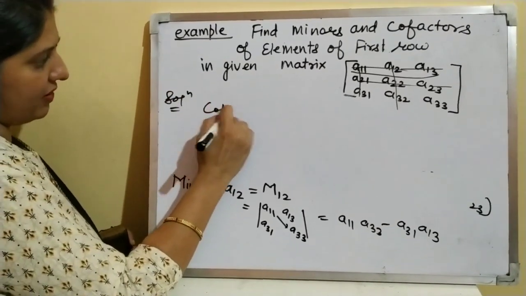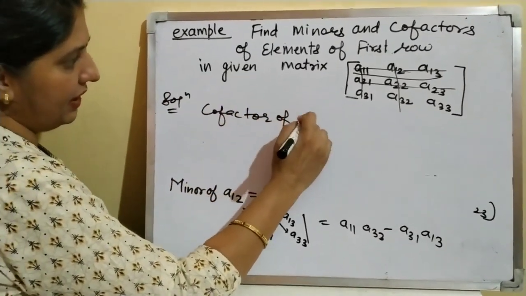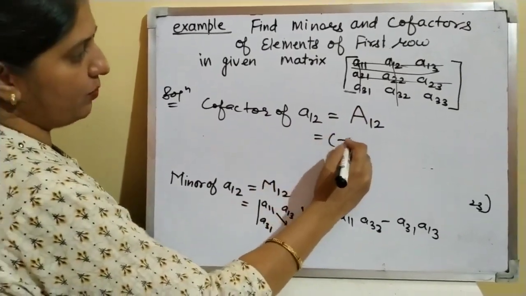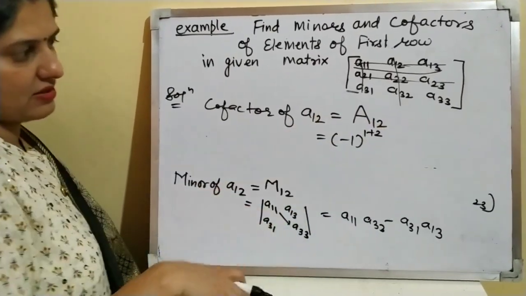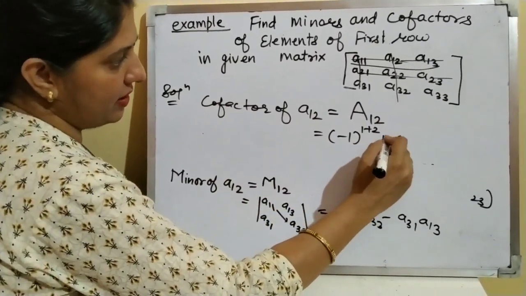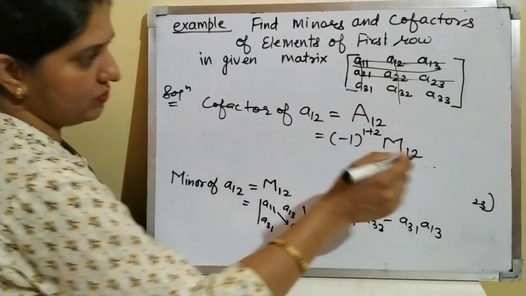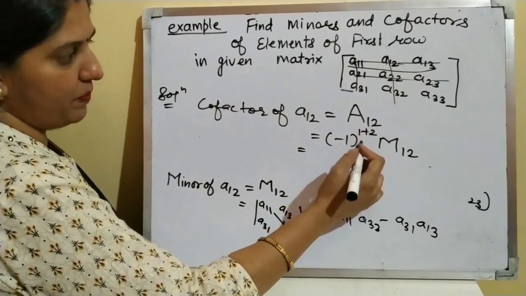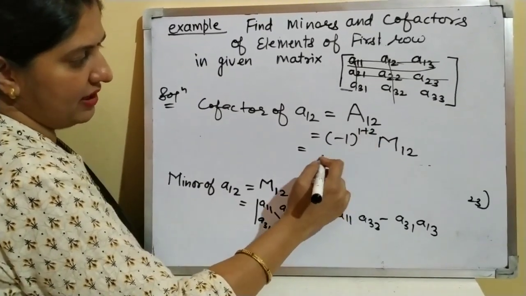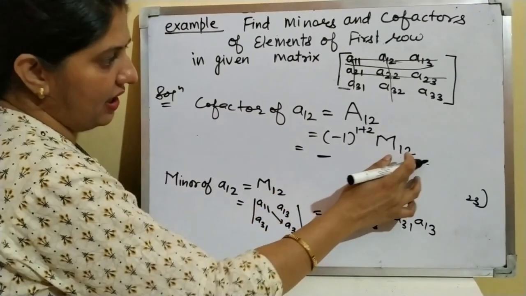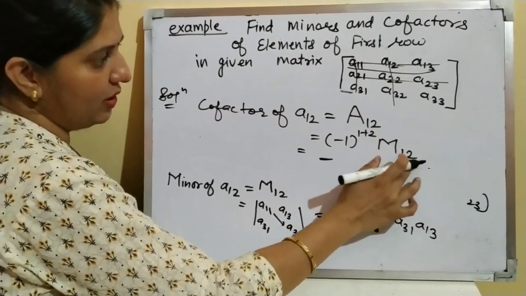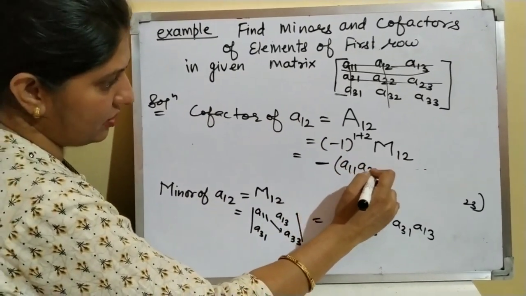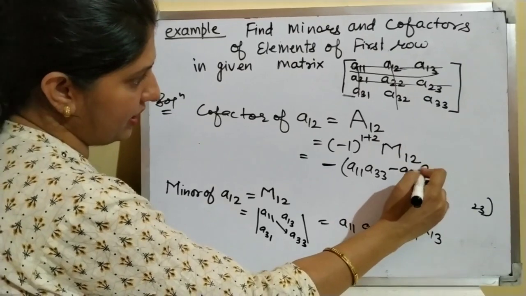So the cofactor of A12 is denoted by capital A12, which is equal to minus 1 to the power sum of the suffix into the minor of the element A12. Now minus 1 to the power 1 plus 2, 3, which is odd power. If power is odd, then the answer is negative. And the minor of the element A12 is A11, A33 minus A31, A13.